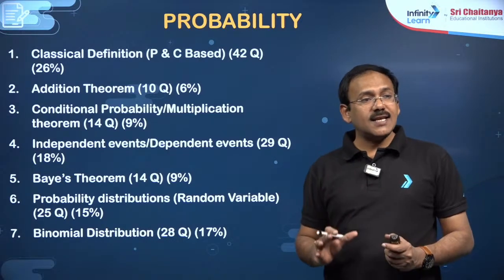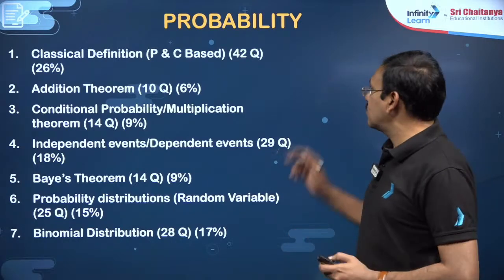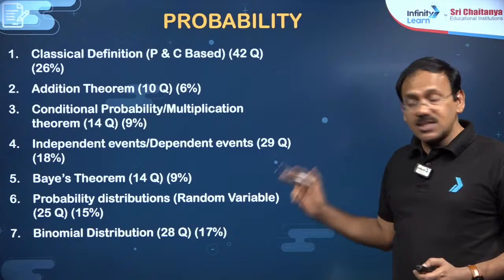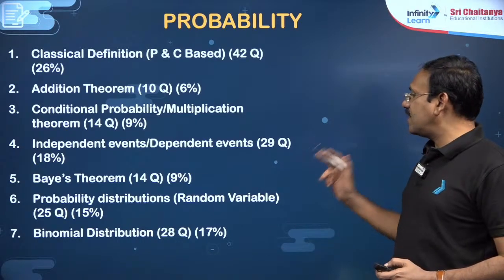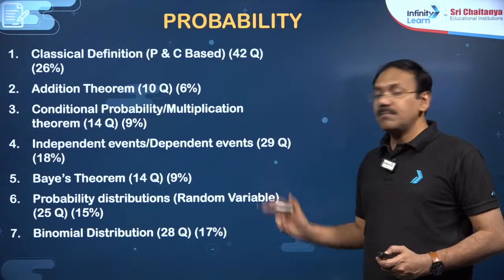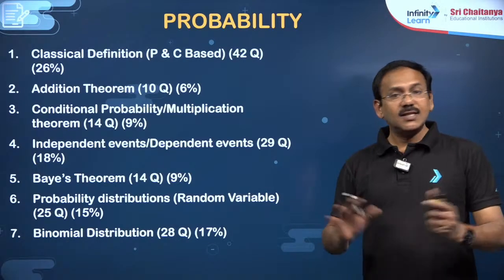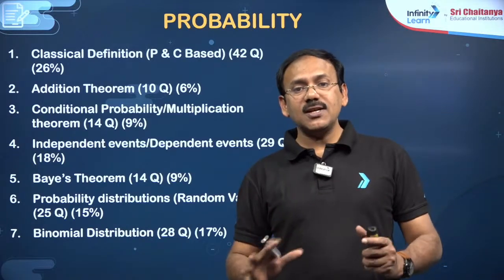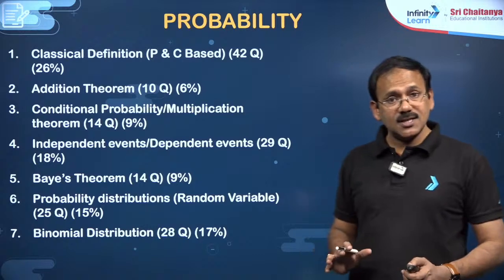Then addition theorem, conditional probability and multiplication theorem, independent dependent events, Bayes theorem, probability distributions, and binomial distribution. These are the topics that I have taken, dear students. There are majorly seven areas in the probability topic.